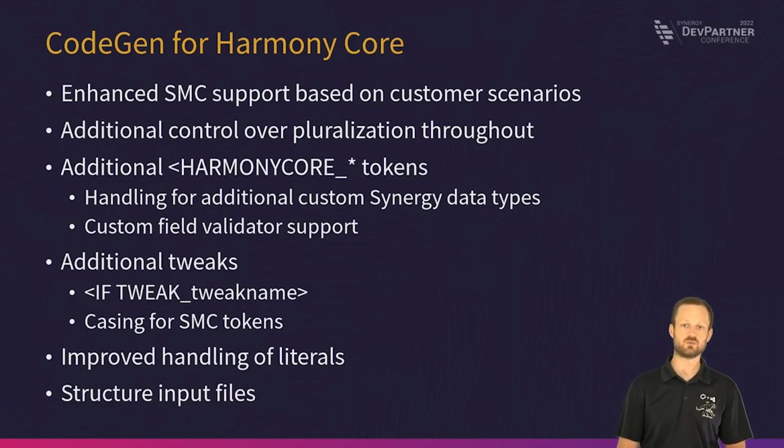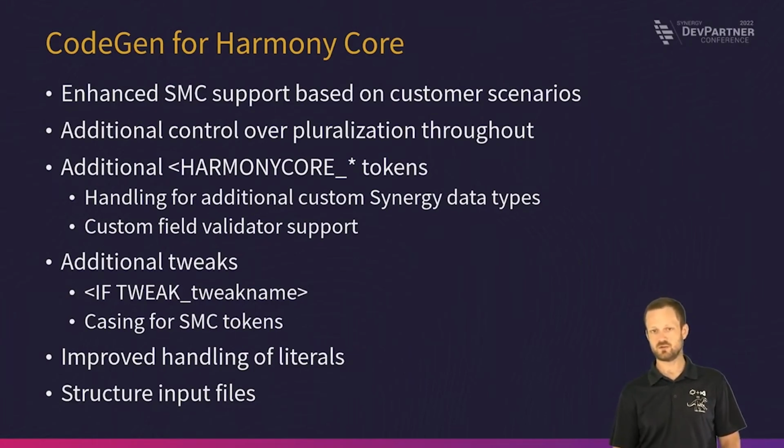You were either having to break it up into multiple CodeGen calls, or produce the much more in-depth, full-sized CodeGen task set JSON files. Trying to manage those as a user was significantly more difficult than we wanted it to be. So the structure input files really just button that up and make it an awful lot easier when you're in that huge number of structures kind of environment.